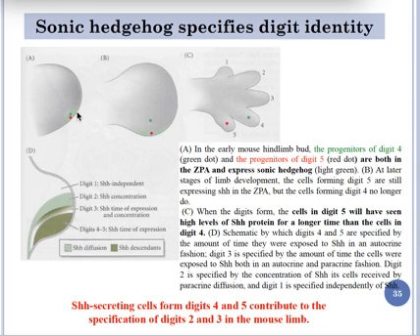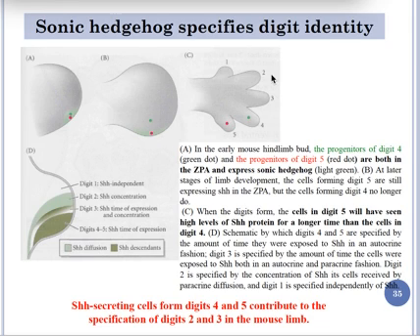Some time after, you can see that the cells forming digit number 5 are still present in the ZPA region, meaning they are still expressing sonic hedgehog, but the cells that will form digit number 4 are no longer present in the ZPA, so they exit this zone.